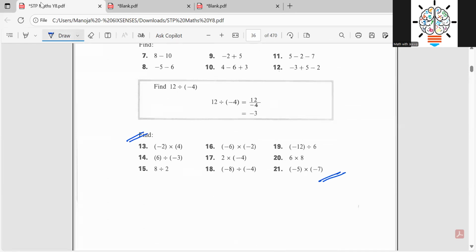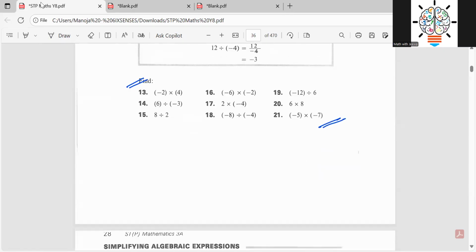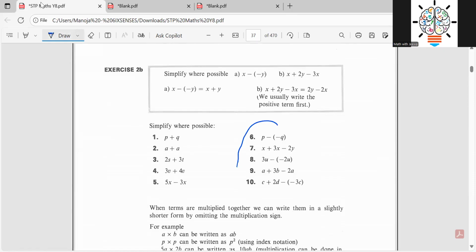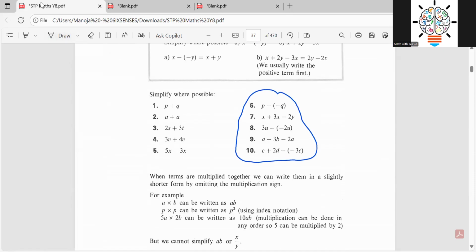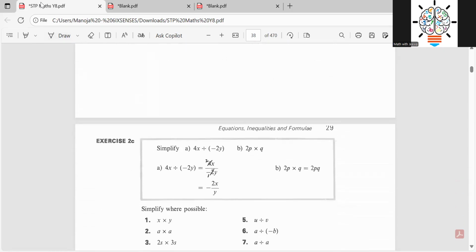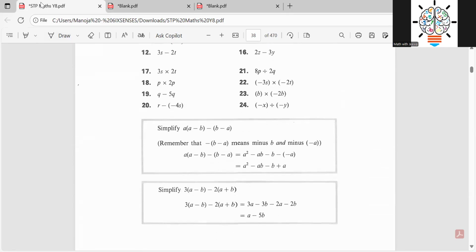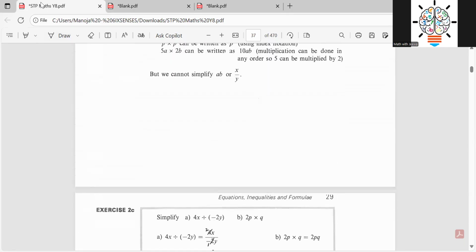All these questions, right? And then you want to do this part. So that's all. The next day I will explain page 29 onwards.